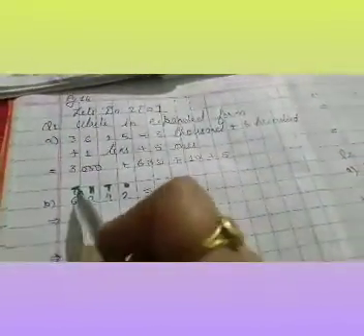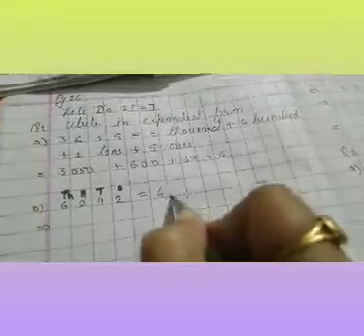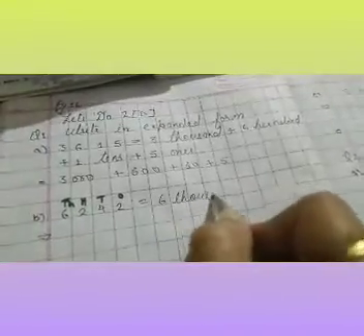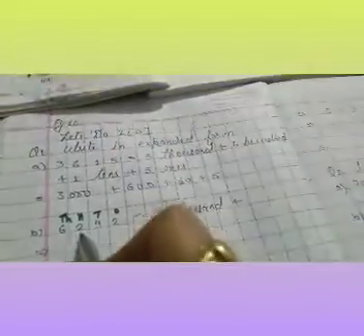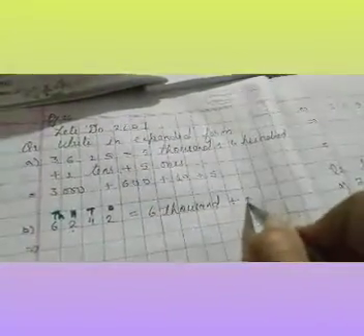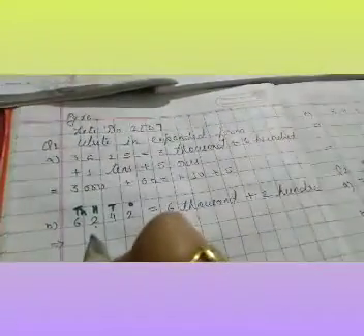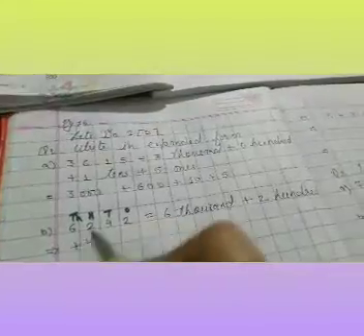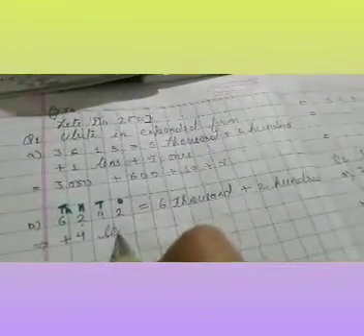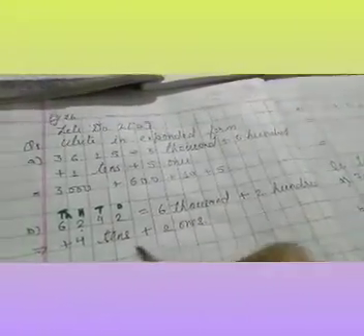Now 6 is at the 1000 place, so we write 6000 plus 2 is at the hundreds place, so we write 200. 4 is at the tens place, so we write plus 4 tens, plus 2 is at the ones place, so we write 2 ones.